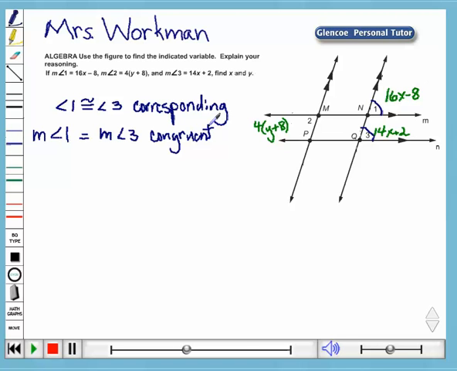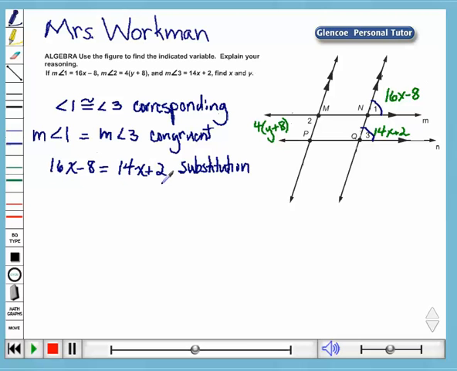I'm given that the measure of angle 1 is 16x minus 8, and the measure of angle 3 is 14x plus 2. So by substitution, I know that 16x minus 8 is equal to 14x plus 2.